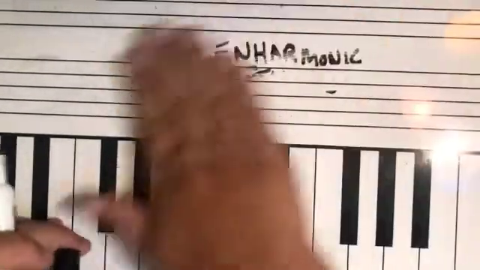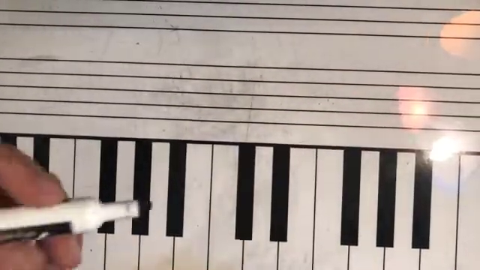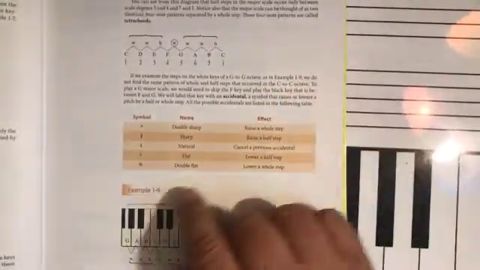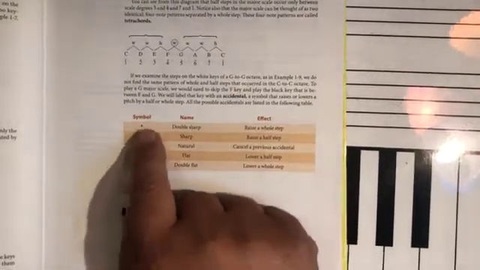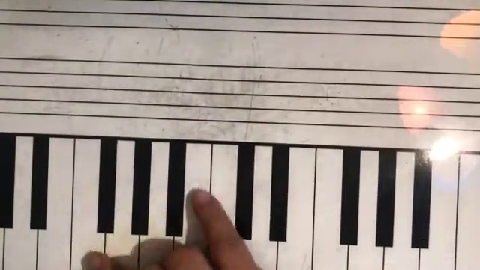Okay. So there's two other symbols that you want to know from this table: the double flat and the double sharp. The double flat is just two flats in a row. The double sharp is an X, and the reason for that comes from history.